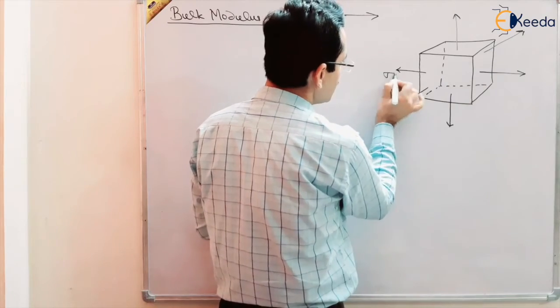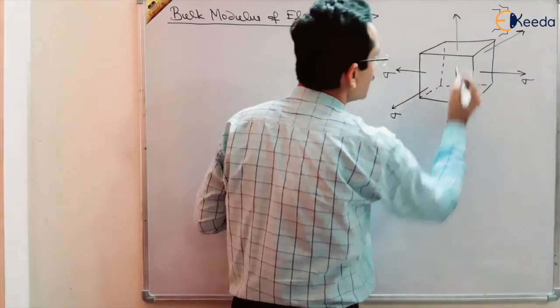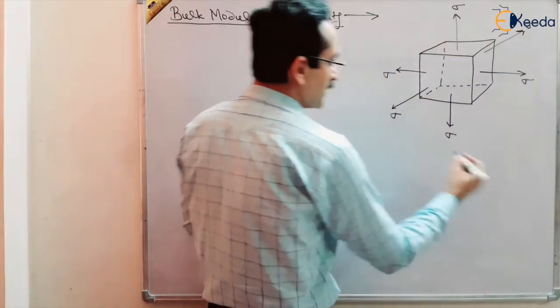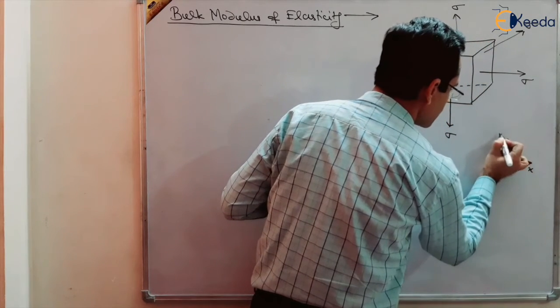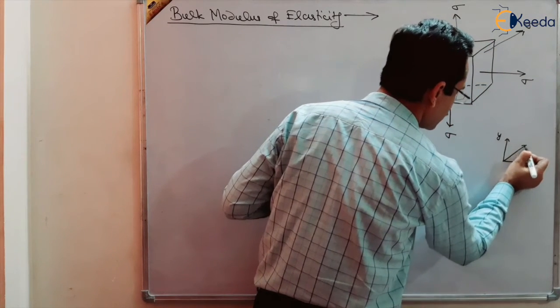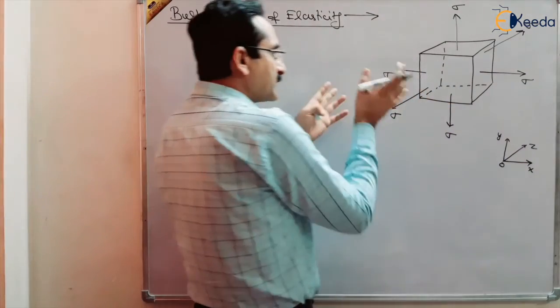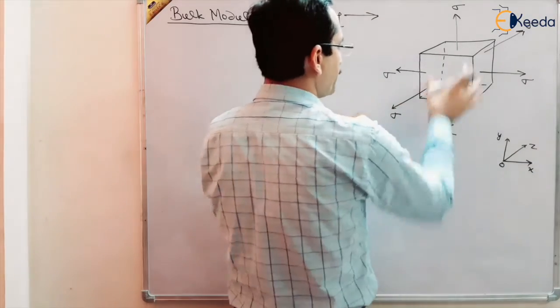So in x direction the stress developed is sigma, in y direction the stress is sigma, and in z direction also the stress is the same, sigma. So direct stresses sigma are applied on this cuboid, right?